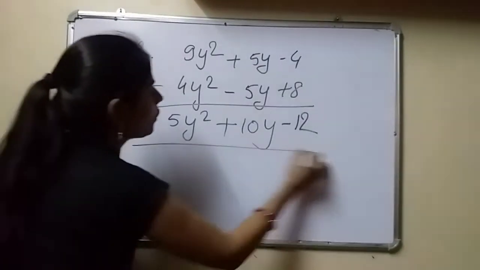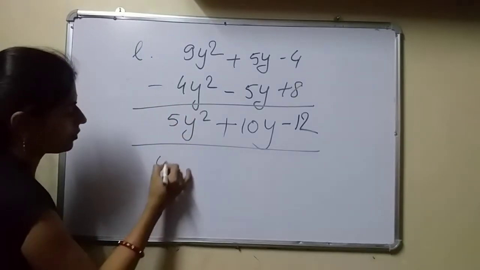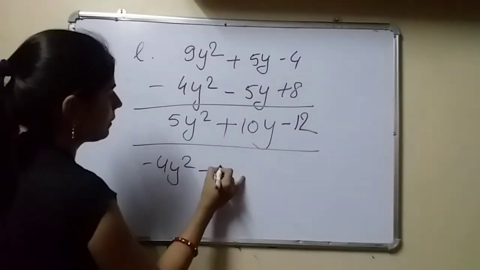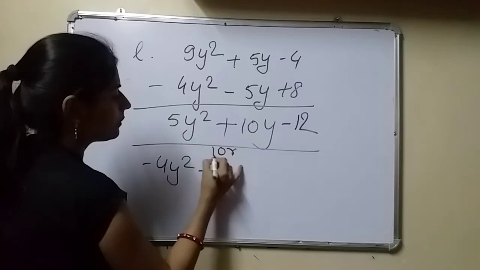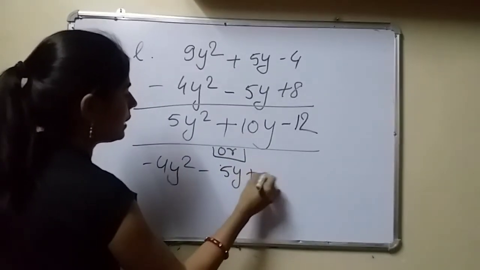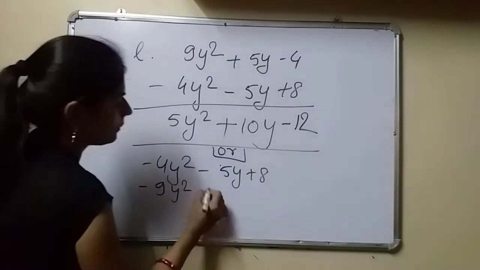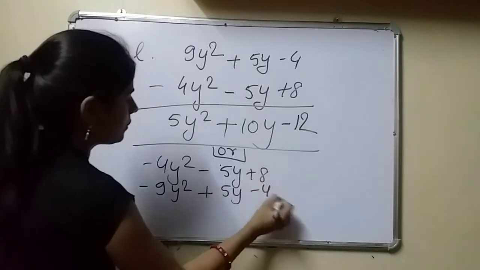Okay, now when you are solving by interchanging, it is minus 4y square minus 5y plus 8, subtracting 9y square plus 5y minus 4.